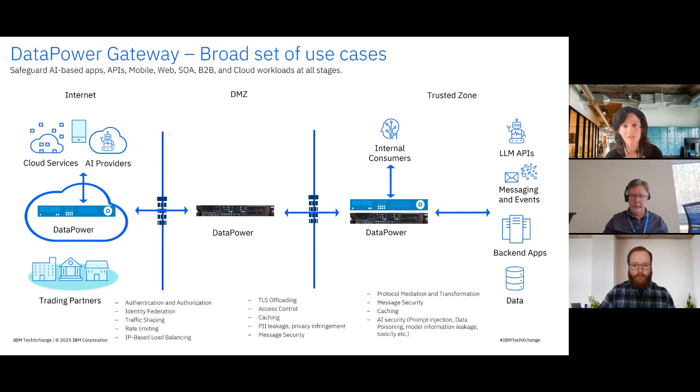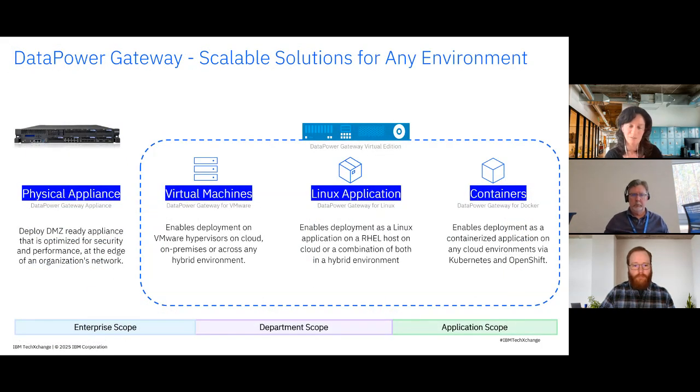Next slide, please. Just let me quickly mention, a little bit complementary to what I said in the previous slide, you have these different flexible deployment options in DataPower, right? It comes in two flavors, physical appliance and virtual DataPower, which has its own flavors.